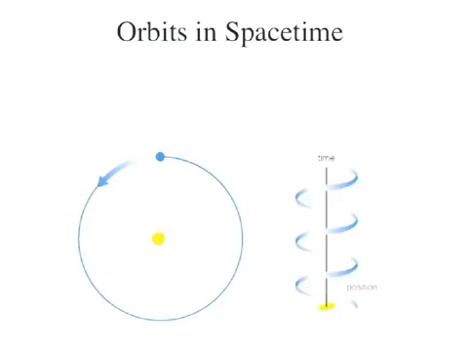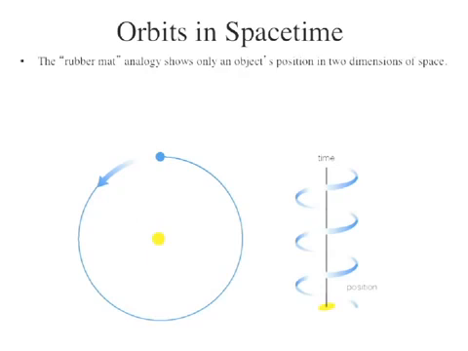All right, so orbits are explained in a new way, and this is how the objects really should be thought of. We draw time up, space on the plane, and the object's orbit winds itself around time and time again as it goes around in a circular orbit. So this gives you some idea of the orbit in space-time. The rubber mat is only useful for 2 dimensions, but when it goes to more dimensions, you have something else.